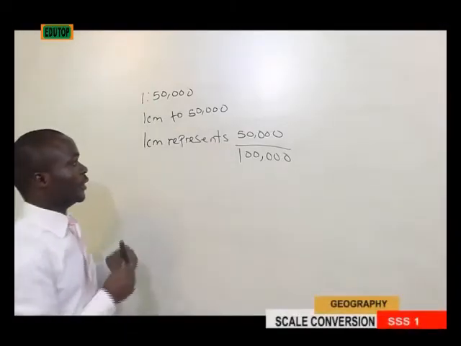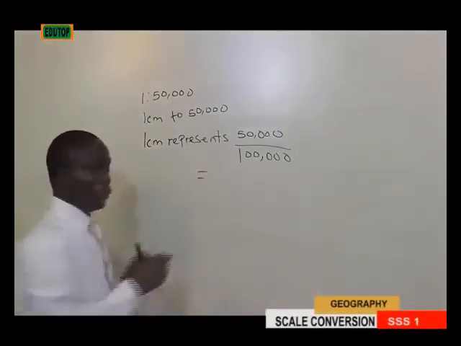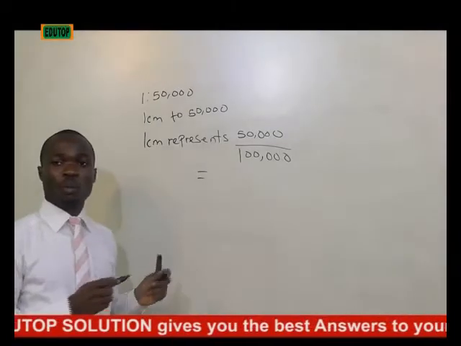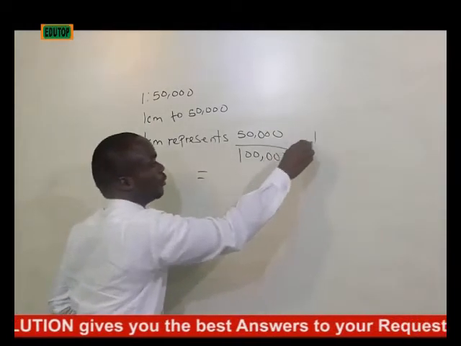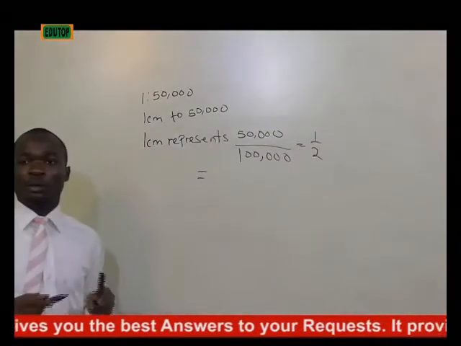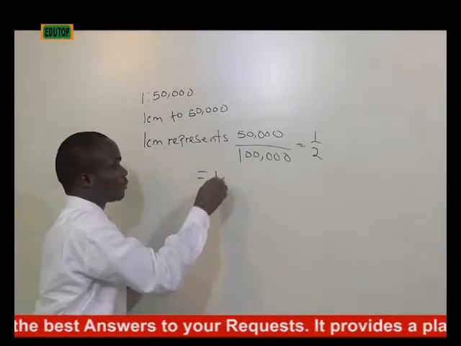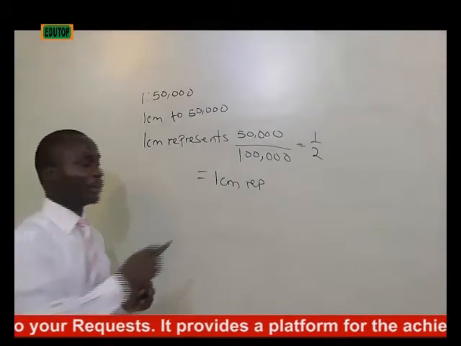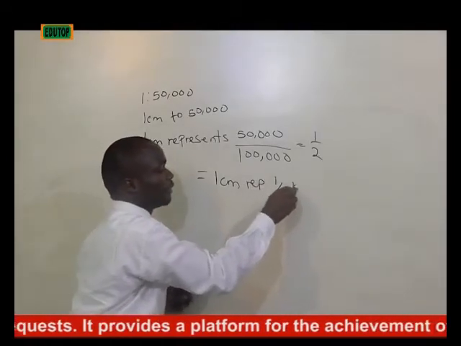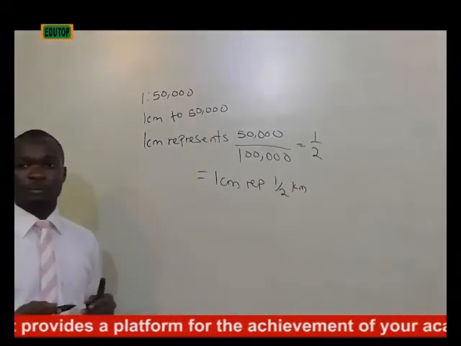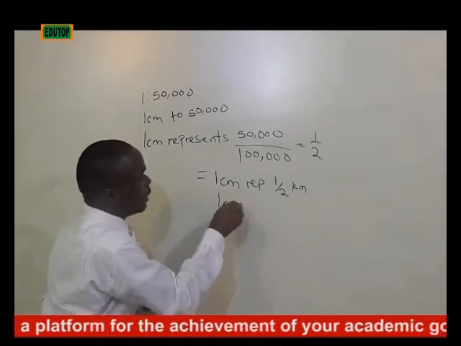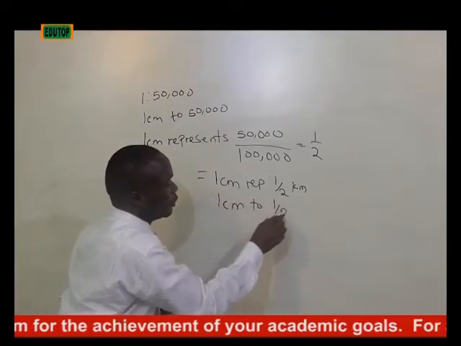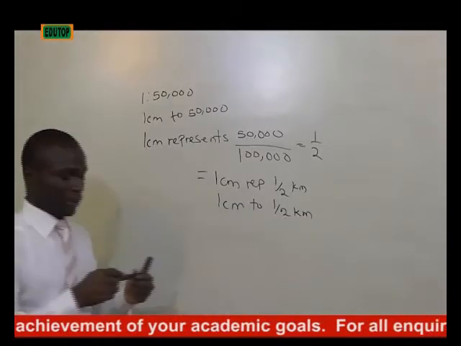And if you do this simple division, you have that 1 cm represents half a kilometer, or if you like, 1 cm to half a kilometer.